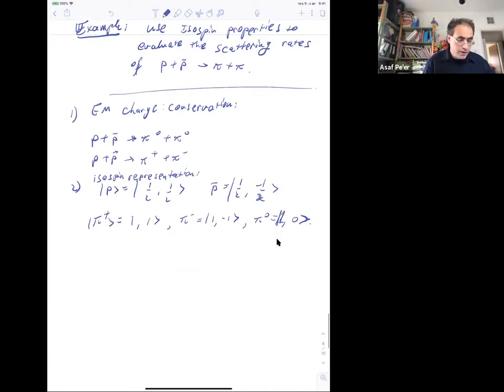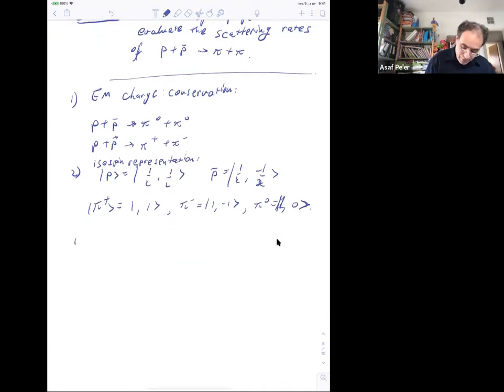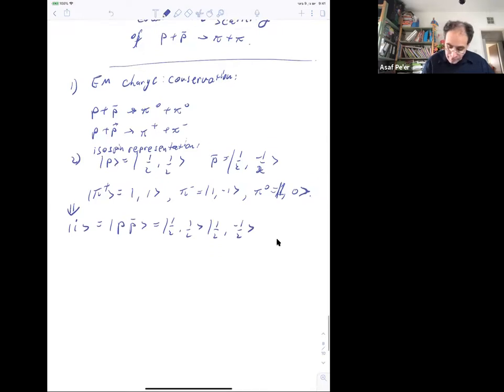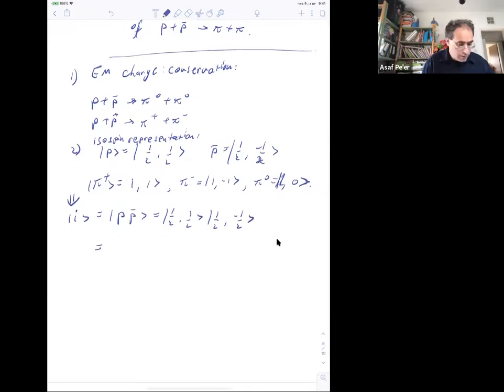So for the initial state, it's made of P and anti-P. It's going to be 1/2, 1/2 and 1/2, minus 1/2. So 2 options: 1/√2 of 1, 0 plus 1/√2 of 0, 0.